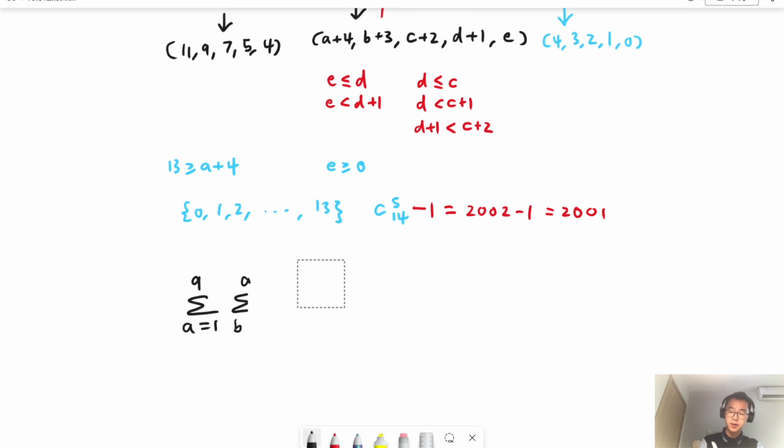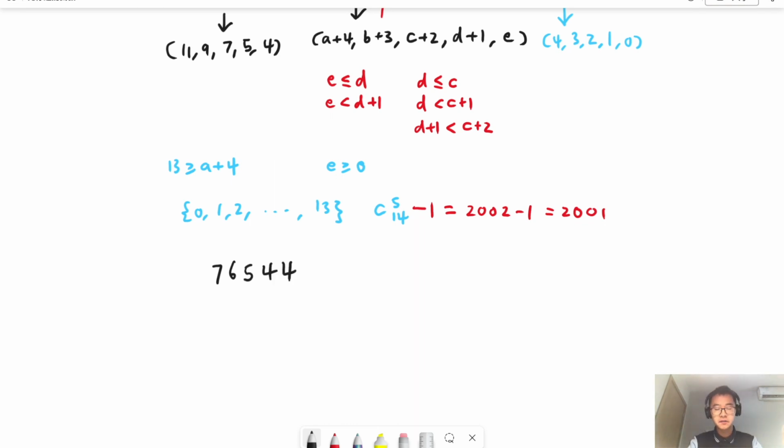Okay, another way that you could have done this problem is, you could have made the observation that each 5-digit positive integer has a unique digit combination. What I mean is that, for example, our number 76544 is composed of the digits 2 4s, 1 5, 1 6, and 1 7.